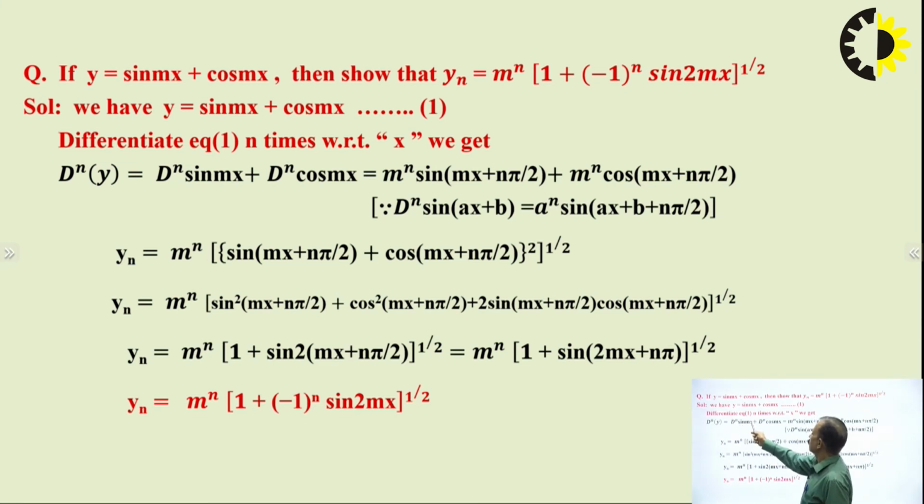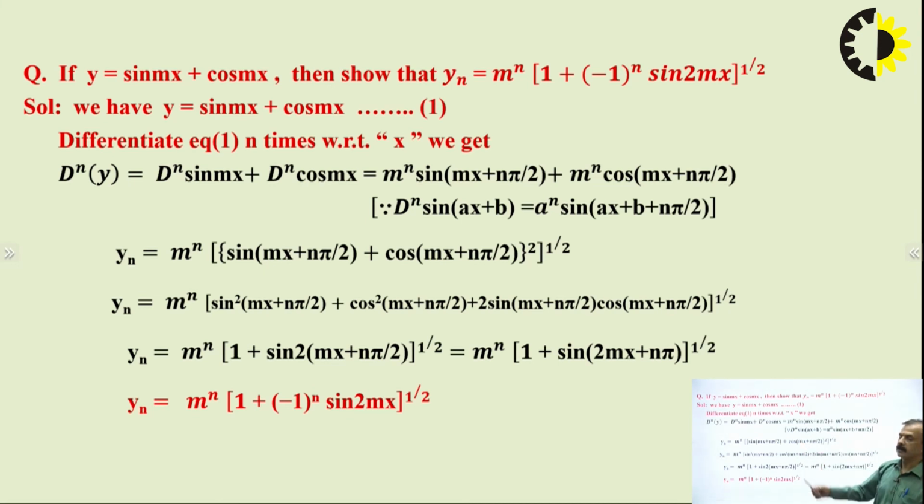In this function the coefficient of x is m, so the nth derivative of sin mx will be m raised to the power n into sin(mx plus n pi by 2). Similarly, we can find the nth derivative of cos mx, which is m raised to the power n into cos(mx plus n pi by 2).